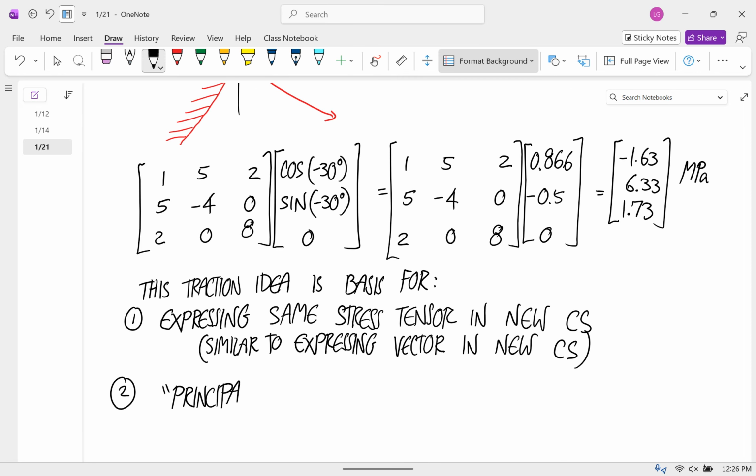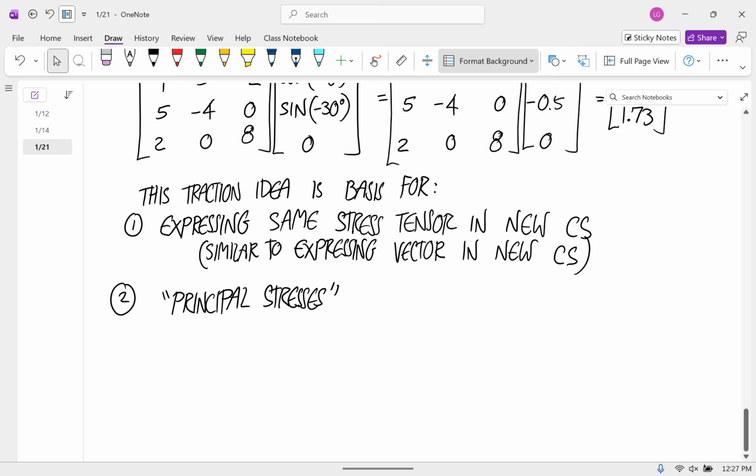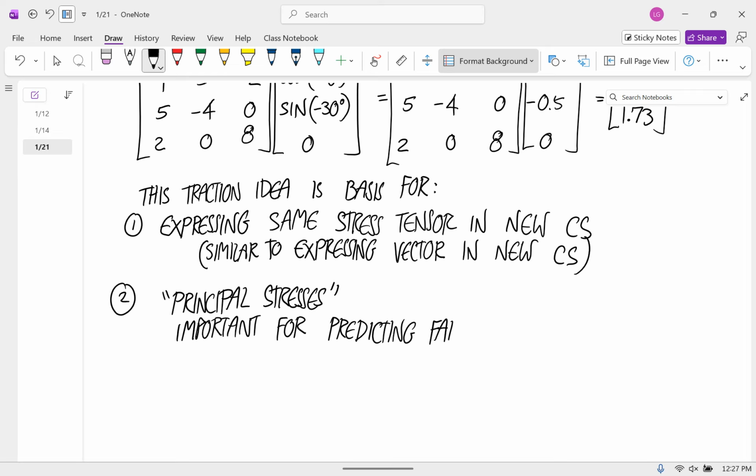We haven't talked about what principal stresses are yet, but they're very important for predicting failure in materials. Okay, so that's all we need to say about stress tensors right now.